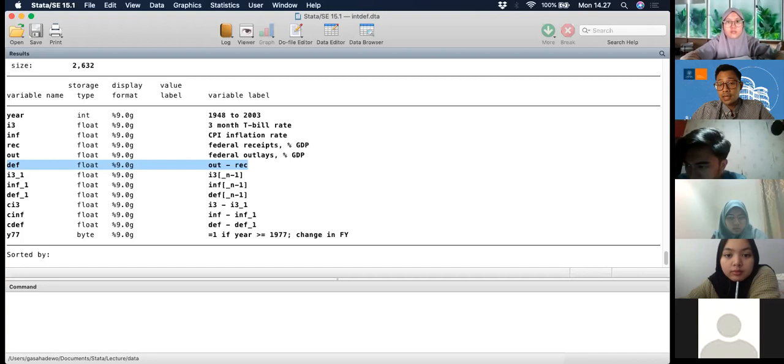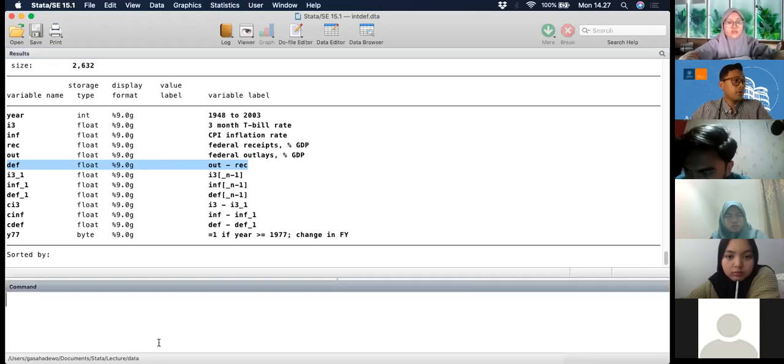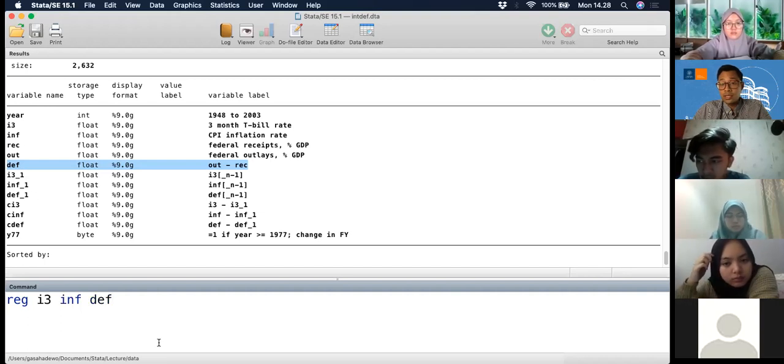So what we're interested in is the relationship between inflation and the 3-month T-bill rate, and the relationship between the budget deficit as a percentage of GDP and the 3-month T-bill rate. We're going to do a static regression using the level variables. Basically, we're going to regress I3 on inflation and the budget deficit as a percentage of GDP.